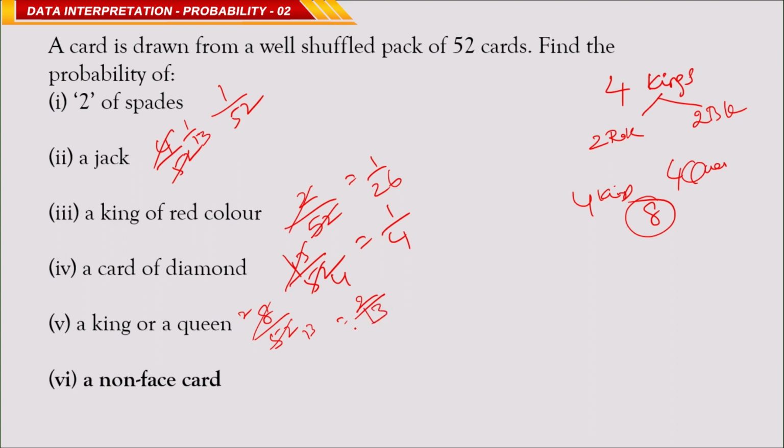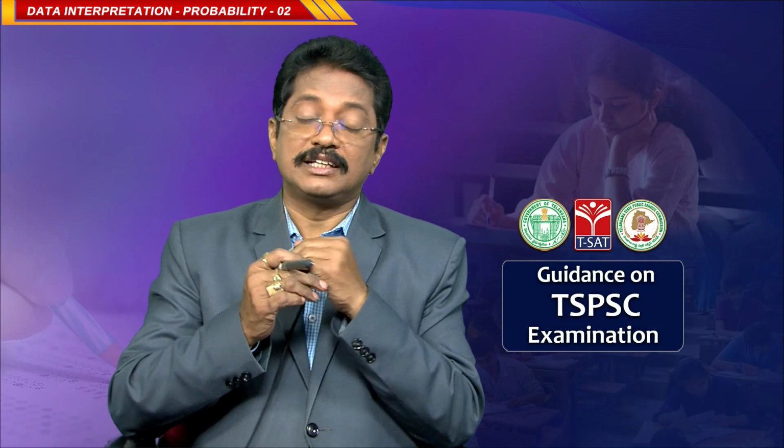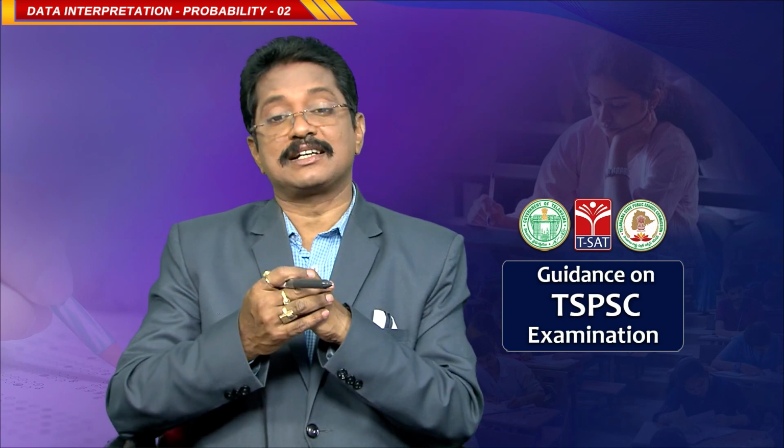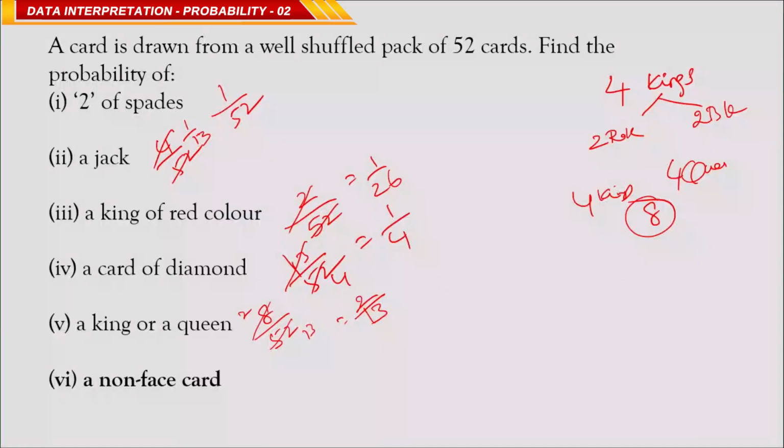Okay. Next, a non-face card. How many face cards are there? There are 12 face cards. As I already said, jack, queen, king. These are the 3 face cards in each group.